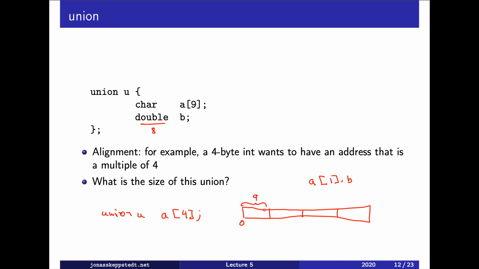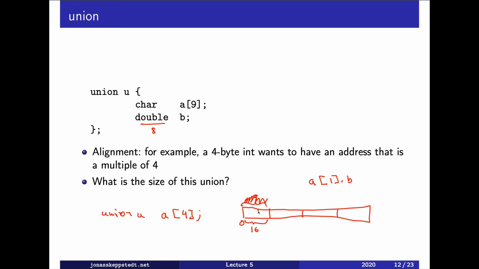Instead, it's at 9 relative to the beginning. So it doesn't work like that. Instead, what should it be? This size should be as small as possible, but still making this aligned on 8, so it should be 16.